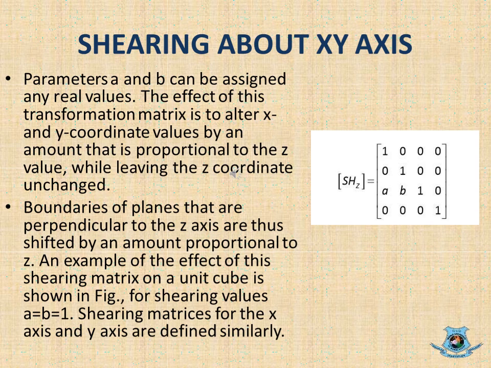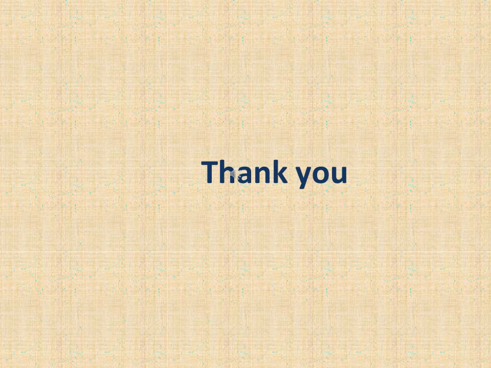Boundaries of planes that are perpendicular to the z-axis are thus shifted by an amount proportional to z. An example of the effect of this shearing matrix on a unit cube is shown in the figure.